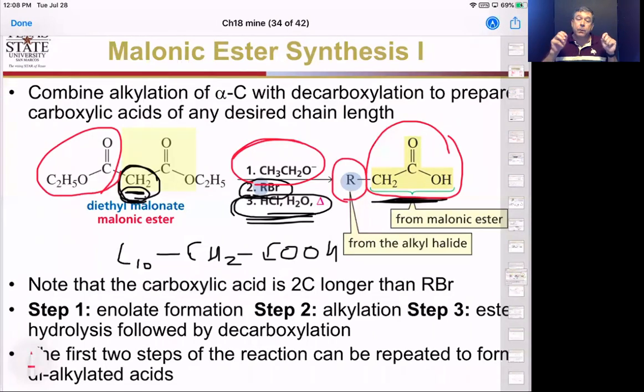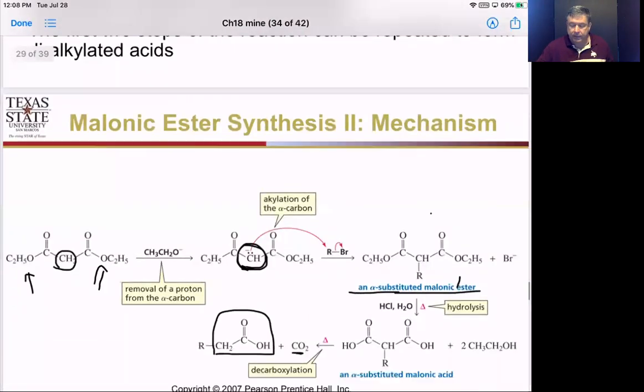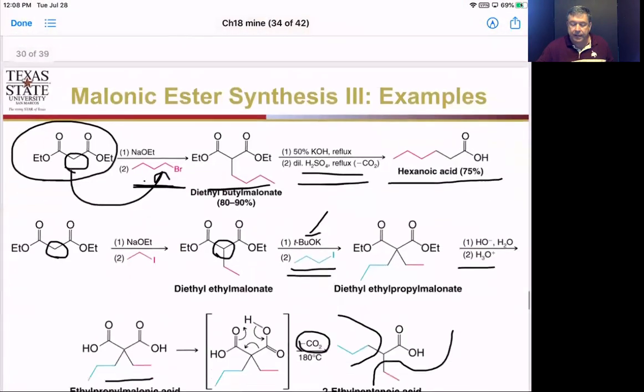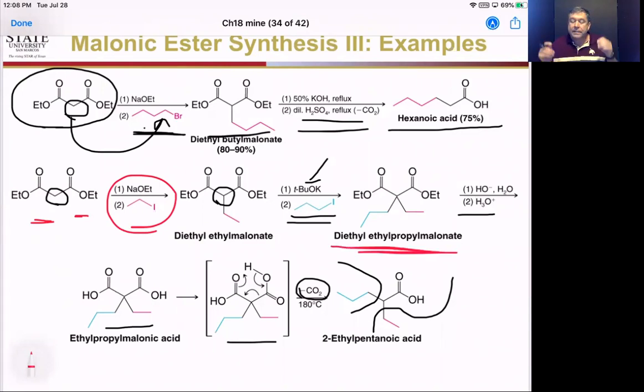Now, you can attack with 1 nucleophile or 2 nucleophiles. We learned that on the next slide, right here. So in the case of this example, we started with that same material here, and we attacked it once with 1. We made it a nucleophile and displaced 1 thing. And then we deprotonated again and attacked with a different one. But we still went through the step of hydrolyzing off 1 of those esters to yield a mono carboxylic ester.